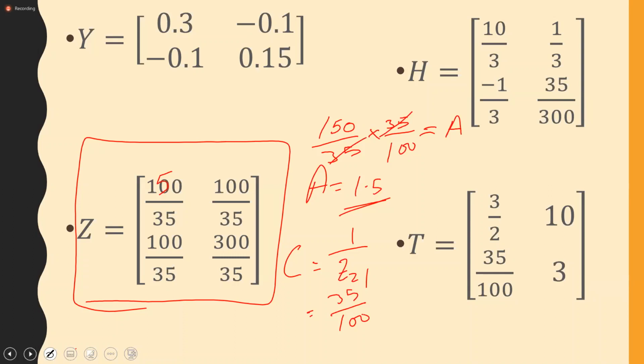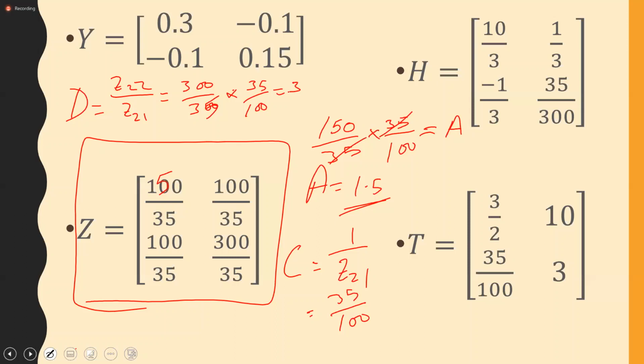For D, from the matrix that you just did, is Z22 over Z21. Z22 is 300 over 35. So that is 300 over 35 times 35 over 100, and that's equal to 3.